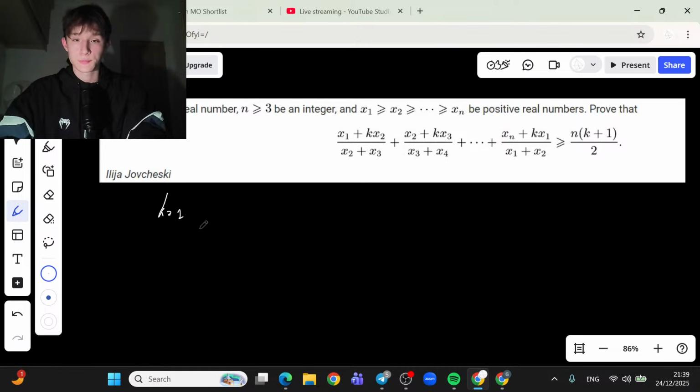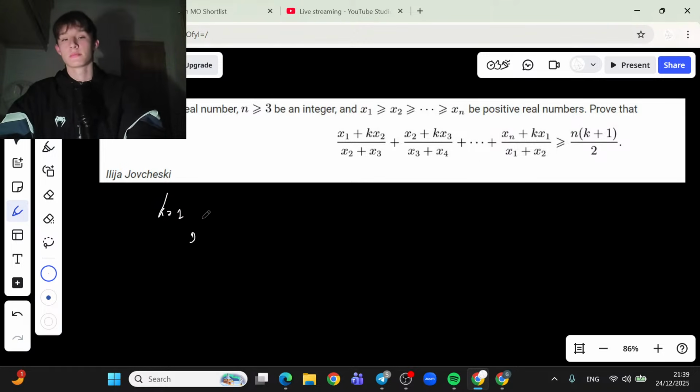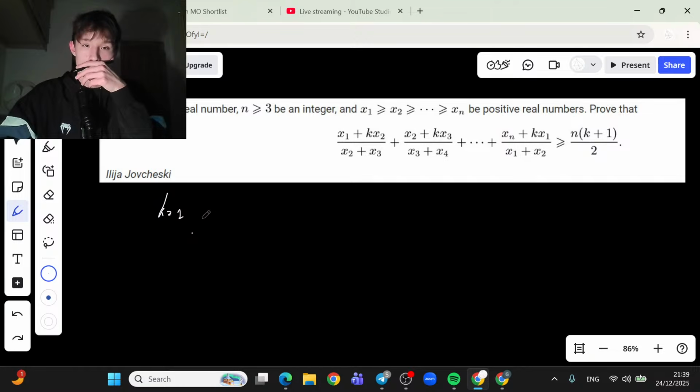So we know that x1 plus kx2, or actually, oh, we can't really do that. That's sad. I wanted to order them, and that would allow us to use some inequalities, the transposition inequality in particular.